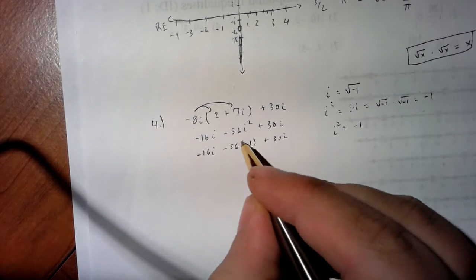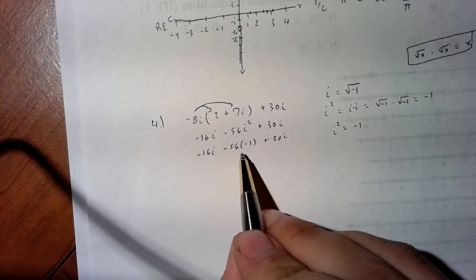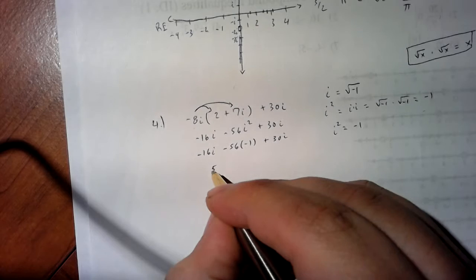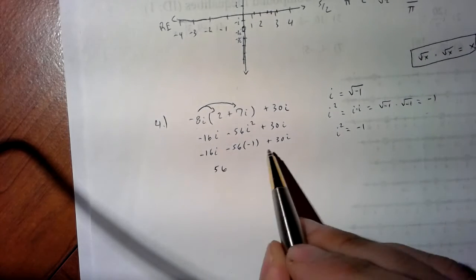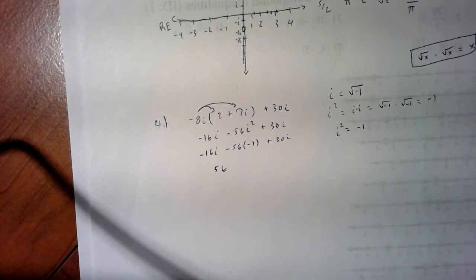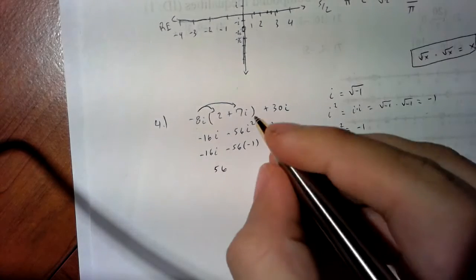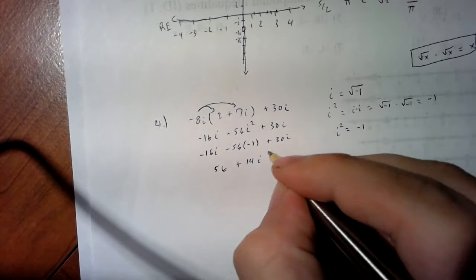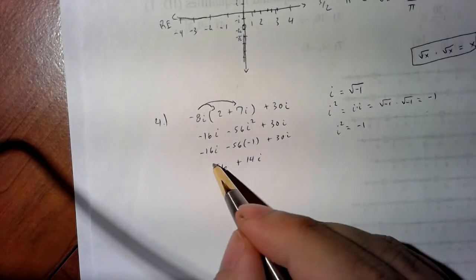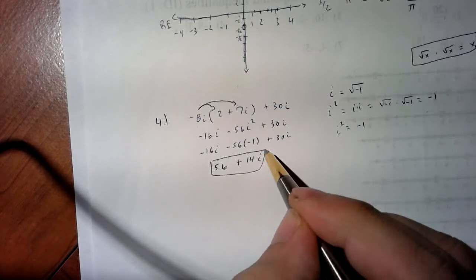Now we can simplify the resulting expression. Negative 56 times negative 1 is just 56. Negative 16i plus 30i is, what is that? 30 take away 16 would be 14. That's right. So we get plus 14i right here. And notice that this is in the proper format.